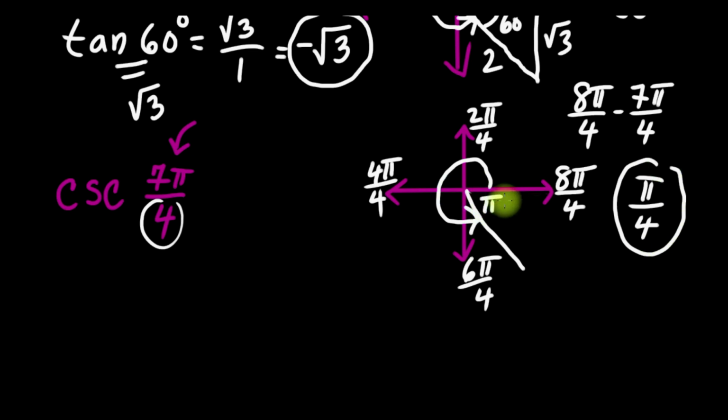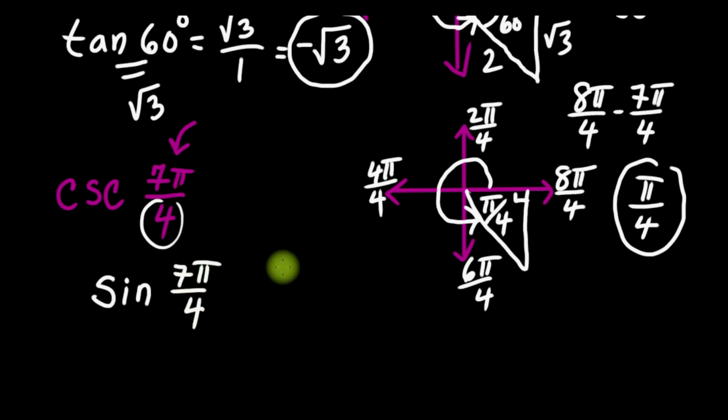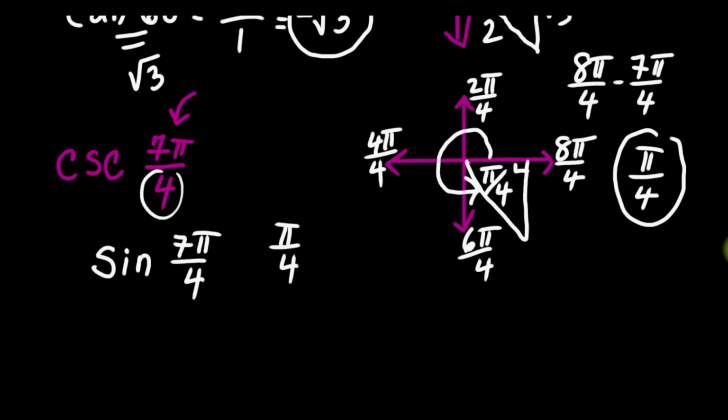So this is pi over 4. Here you have a 45-45-90 special right triangle. Now, cosecant is the reciprocal of sine. So what is sine of 7 pi over 4? The reference angle here is pi over 4. What is sine of pi over 4?